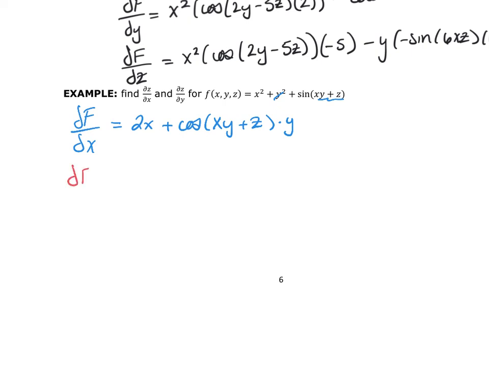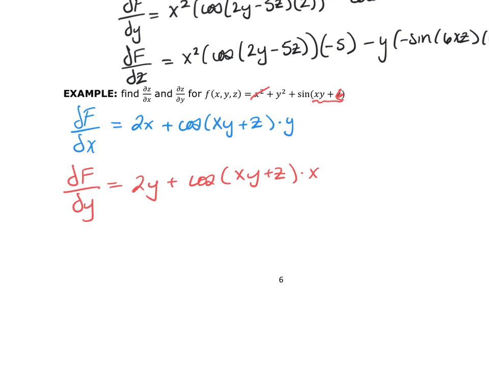My partial derivative of my function with respect to y. Now, my x squared is considered a constant, so that's going to just not be of any concern, so it'll be 2y. And then here's my angle, so it'll be plus the cosine of my angle, xy plus z. And of course, the z is a constant, so it's just going to be multiplied by x.